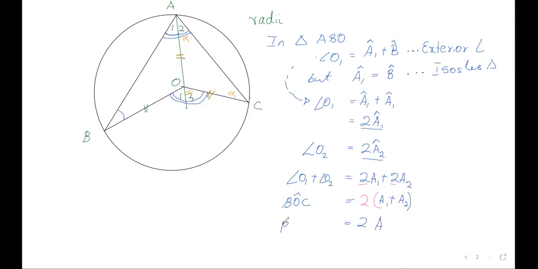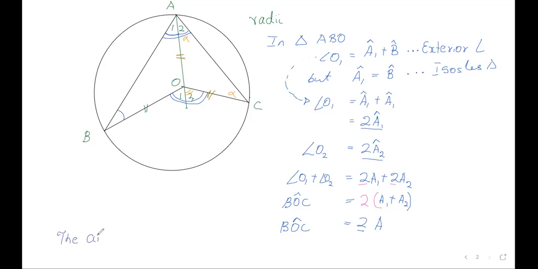Therefore, the angle at the center of a circle is twice the angle at the circumference. This is the circumference of a circle. So we can conclude that twice the angle at the circumference is equal to the angle at the center.